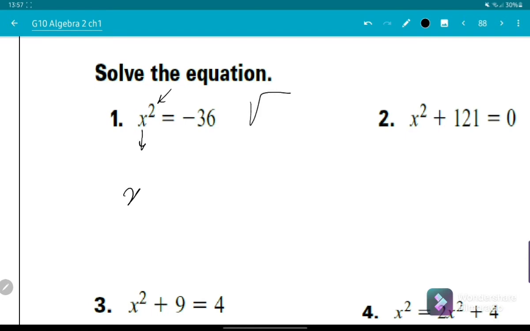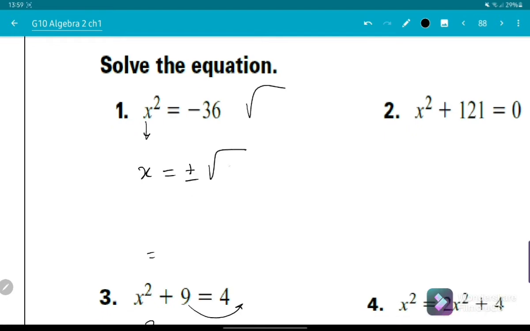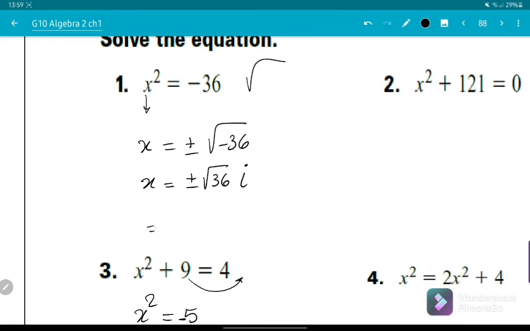This will be x, and when you take the square root for both sides, the answer could be positive or negative square root of negative 36. When we have a negative inside the square root, we take it outside by the value i. So x will be positive or negative square root of 36 i. So x will be positive or negative 6i because the square root of 36 is 6.